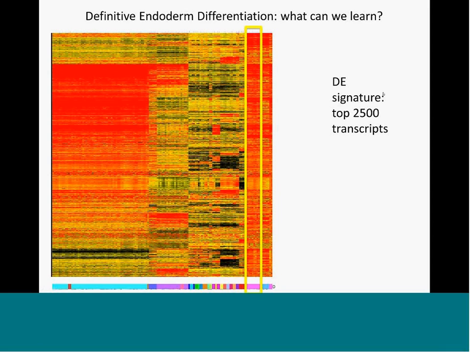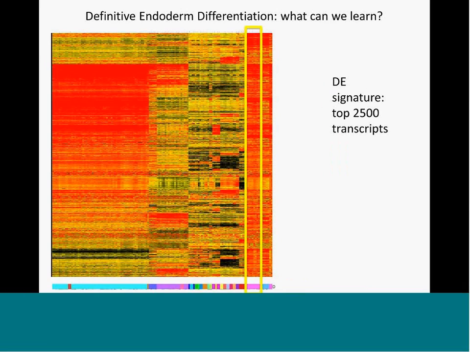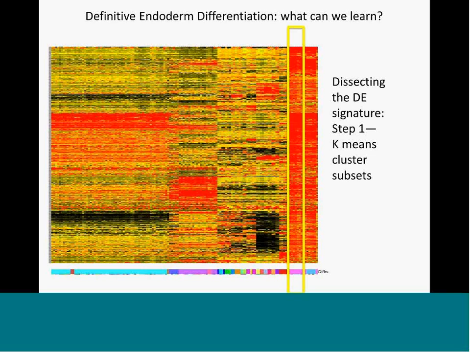And the approach that we're taking to coming up with separate signatures we're calling database shredding, where we'll pull individual clusters of genes. So this is now 800 genes that are part of it. This is a 2,500 gene signature. This is an 800 gene signature, and it's just a k-means subset, which are pretty specific for the definitive endoderm.